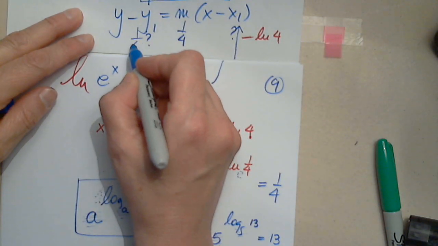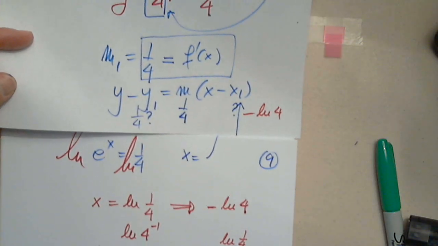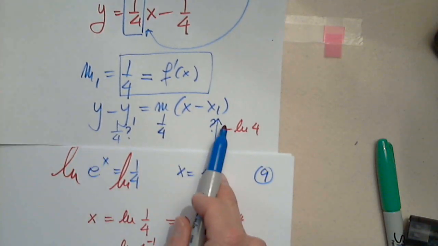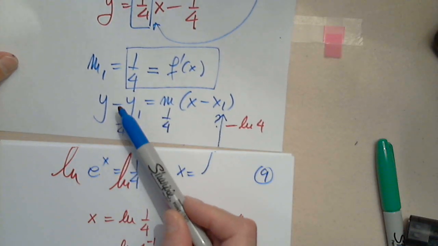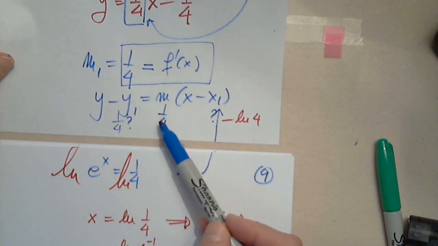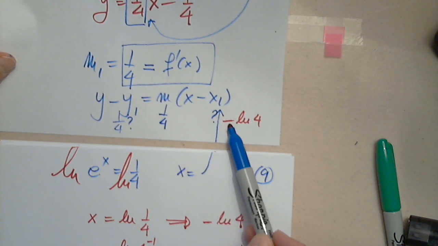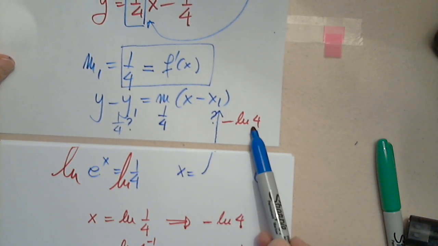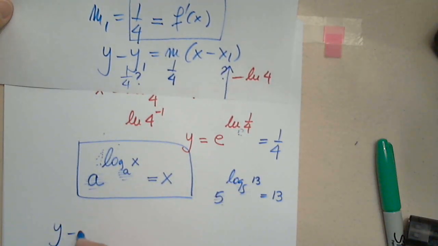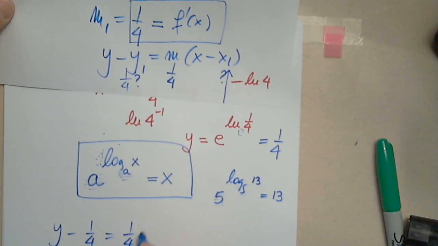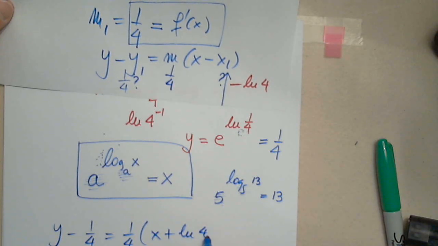So I go back here and I replace y1. So here's the equation I have now. So y minus 1/4 equals 1/4 x minus natural log 4, which will be plus. So I have y minus 1/4 equals 1/4 x plus natural log 4.